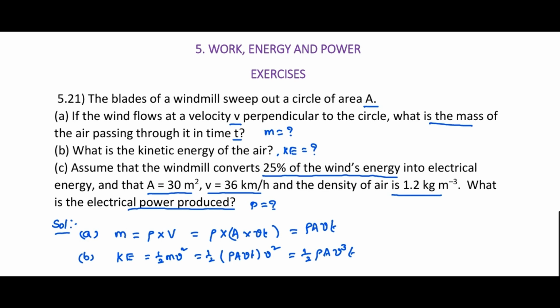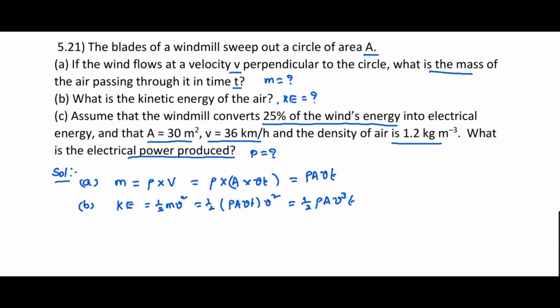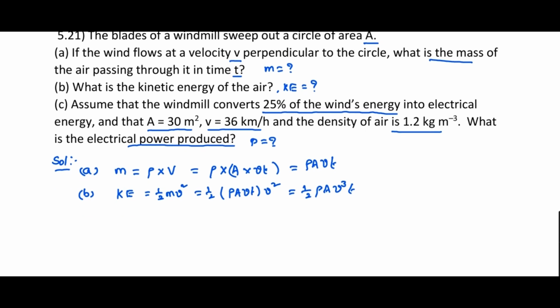While coming to C, assume that the windmill converts 25% of wind's energy. That means in this energy 25% is converted into electrical energy.